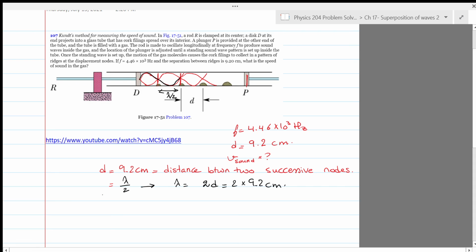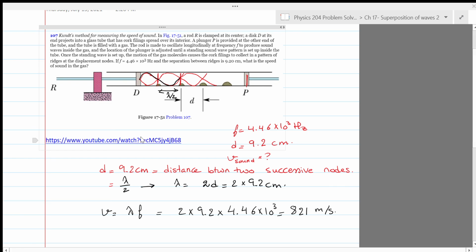And finally, we can deduce the speed of sound in this gas, because it will be lambda times the frequency. We are given the frequency that gave us these standing waves. And so we will get the speed to be 821 meters per second in this situation.